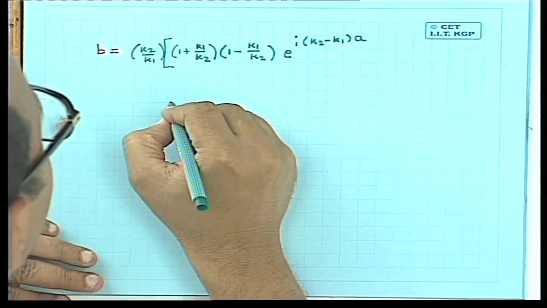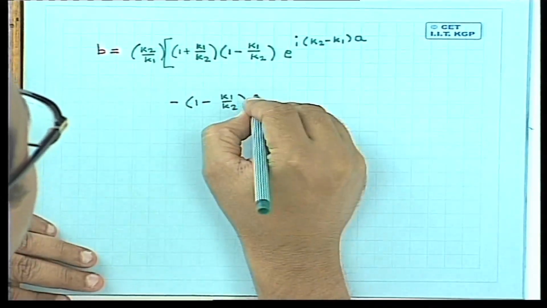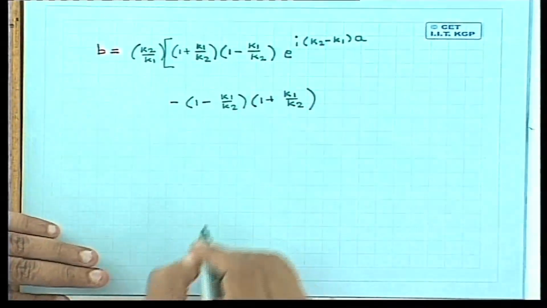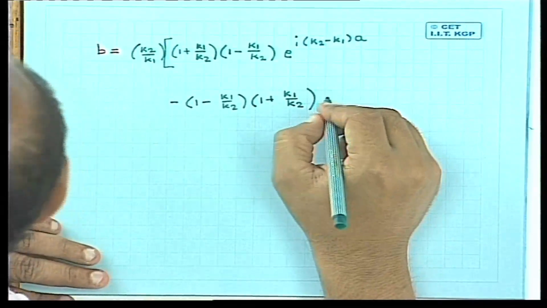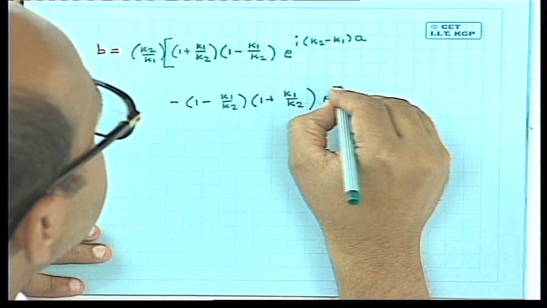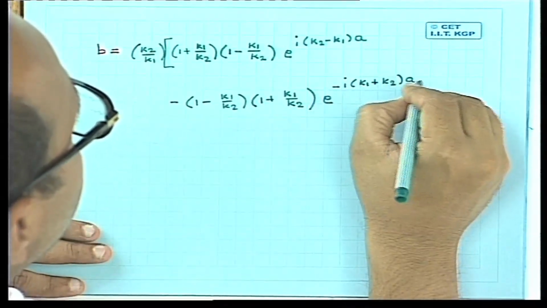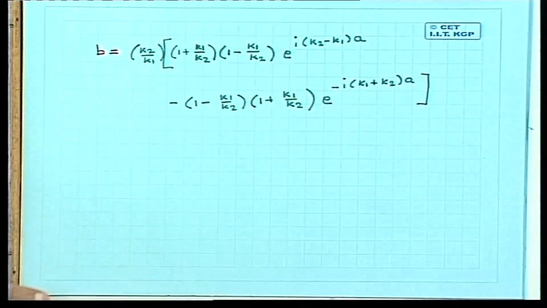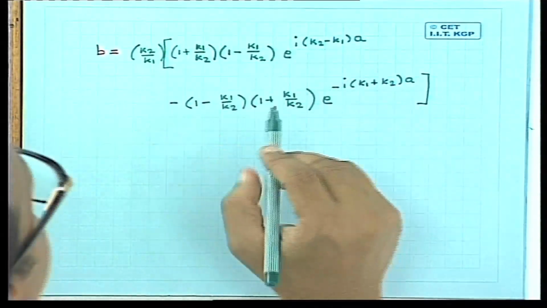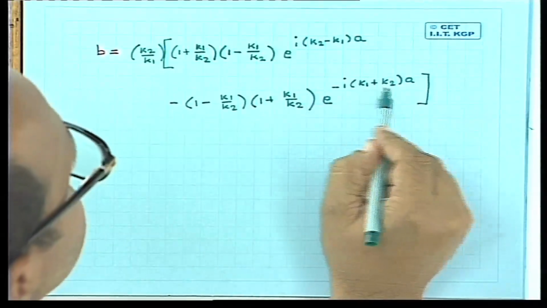And here I have minus (1 minus K1 by K2)(1 plus K1 by K2), which is again C into D, into e to the power minus i delta 2 prime, which is minus i (K1 plus K2) a. This is CD e to the power i delta 1 prime, and this is minus CD e to the power minus i delta 2 prime.